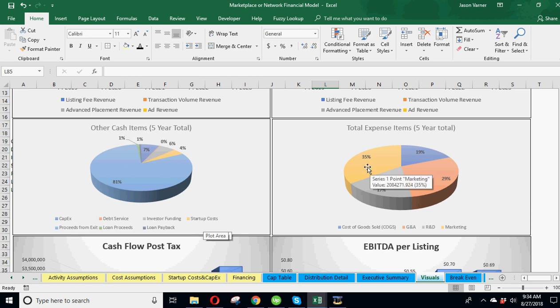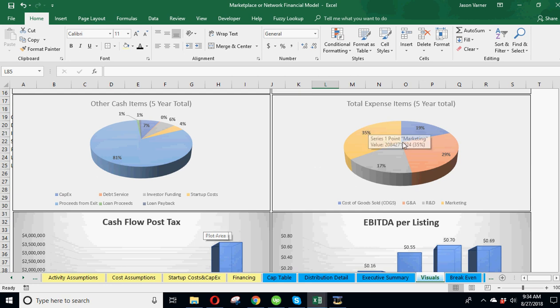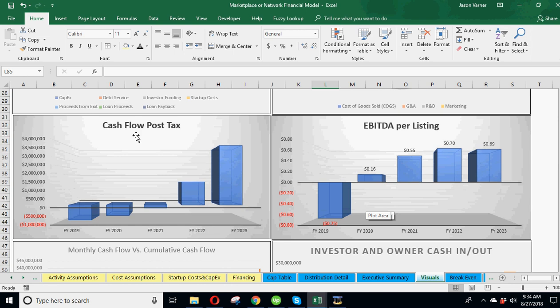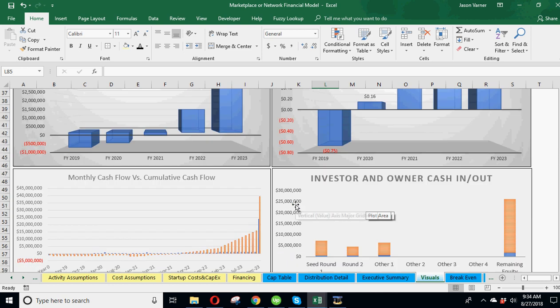We've got your total expense items on a 5-year total basis, so cost of goods sold, G&A, R&D, marketing, pretty even distribution there. We've got your cash flow post-tax, so you can see when you start to get cash flow positive. You've got your EBITDA per listing, which I like that metric, so I added it here as a chart per year.